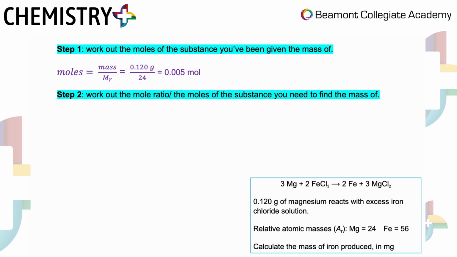Step 2, work out the mole ratio and the moles of the substance you need to find the mass of. We are looking at 3 moles of magnesium to 2 moles of iron. Use that ratio to calculate the moles of iron.